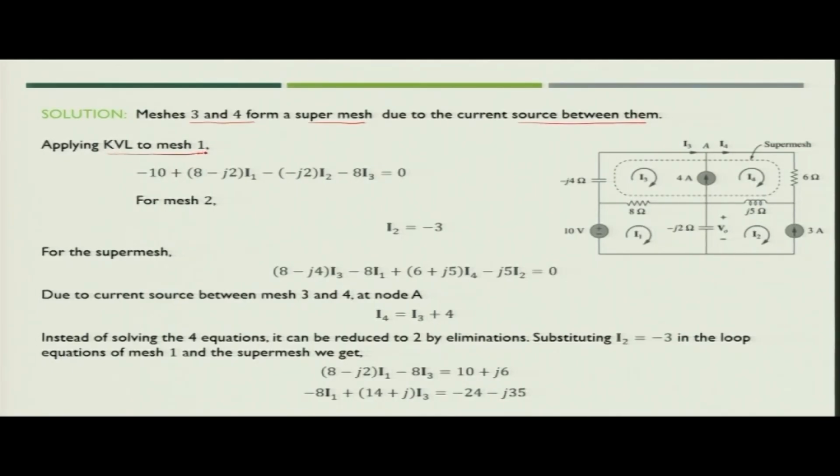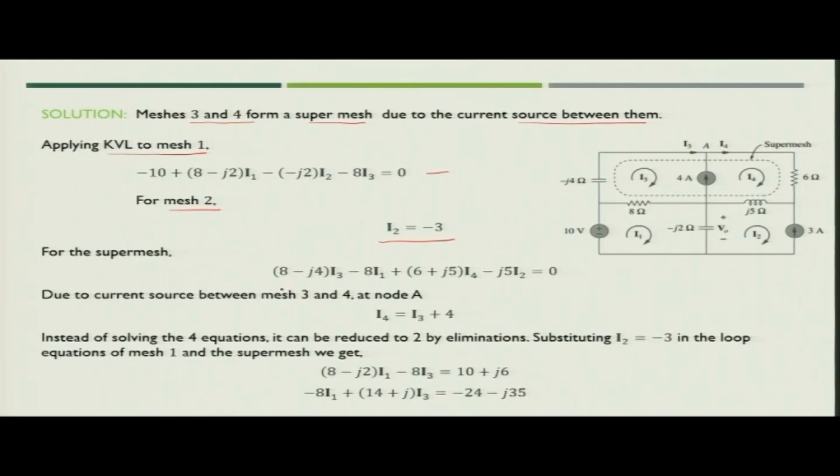So, we will apply KVL first to mesh 1. So, when you apply KVL to mesh 1, it will become minus 10 plus 8 minus J2 into I1 minus J2 into I2 minus 8 I3 equal to 0. So, this you get from mesh 1. Similarly, from mesh 2, the value of I2 is equal to minus of 3.